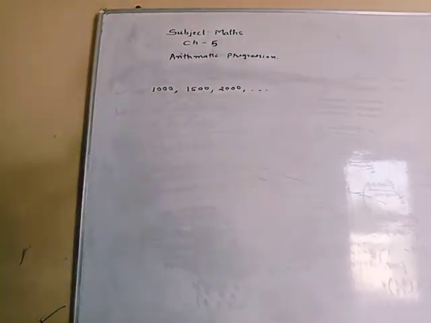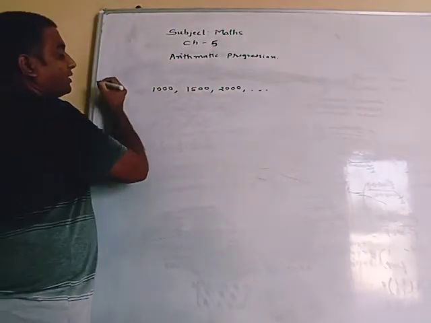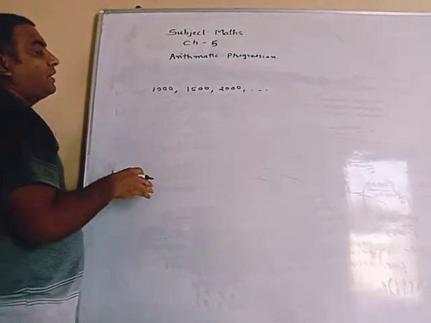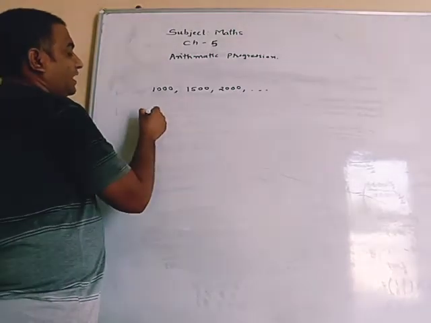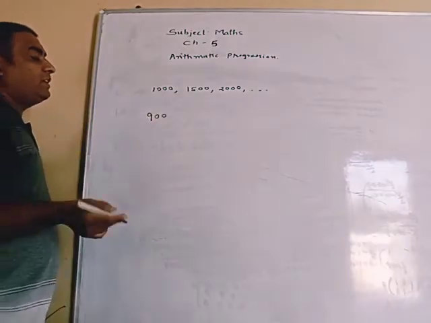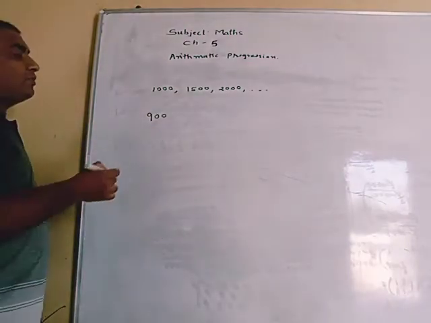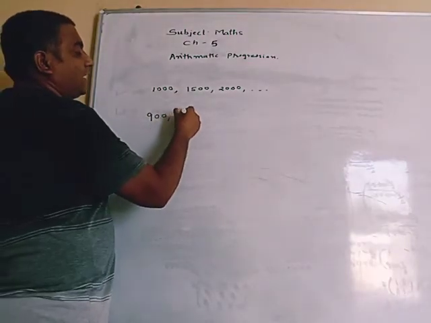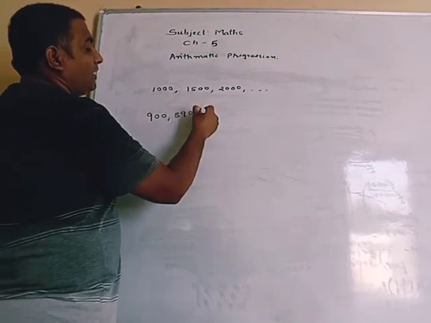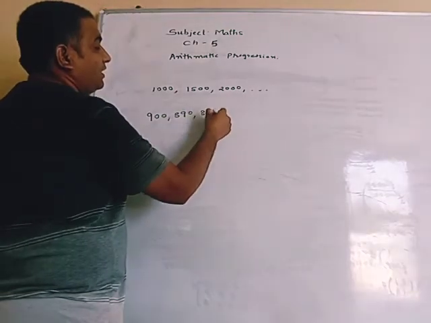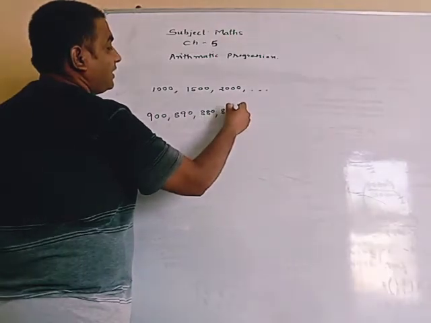One more example: suppose the price of a product decreases every month by 10 rupees and the starting price is 900. Now it decreases by 10 rupees, so next month it is 890, then 880, then 870, like this.